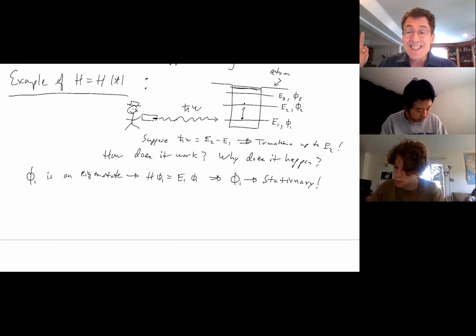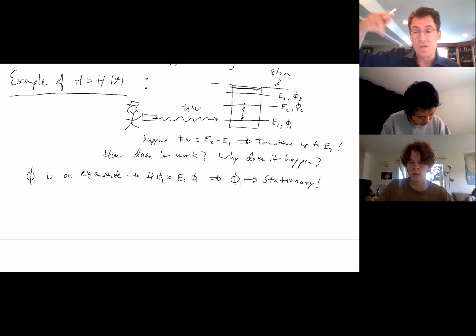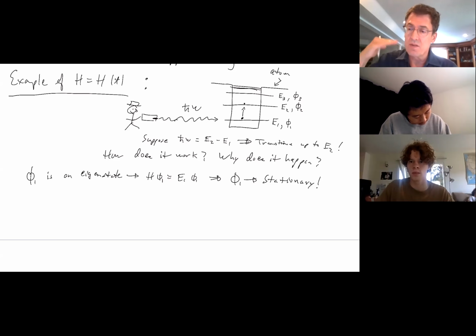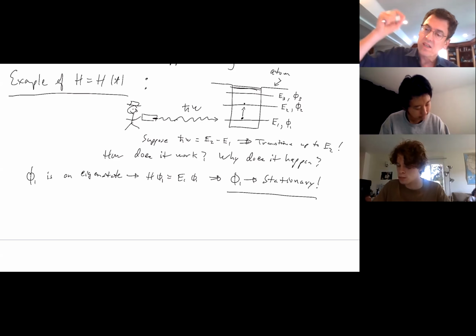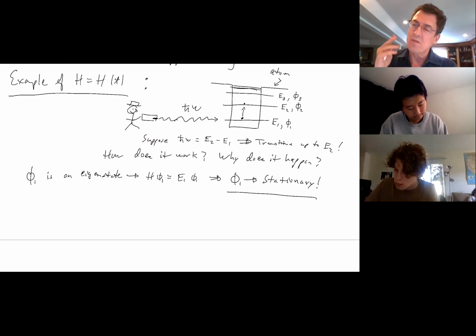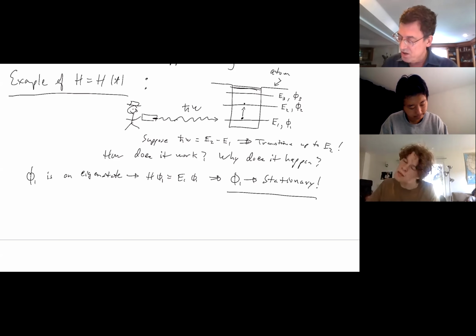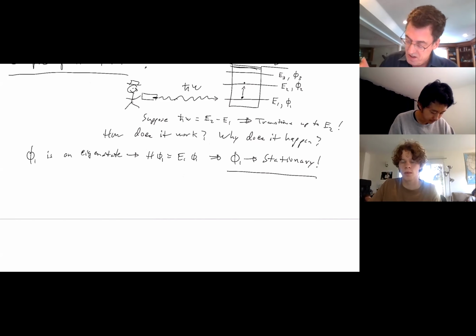And stationary means unchanging. So phi 1 is a stationary state. That means it does not change in time, other than just a phase factor, the phase that's spinning, but it should not really change in time. And yet it does. When I shine light on it, I get a transition. So already you can see something funny is happening. And so that's what we want to understand.